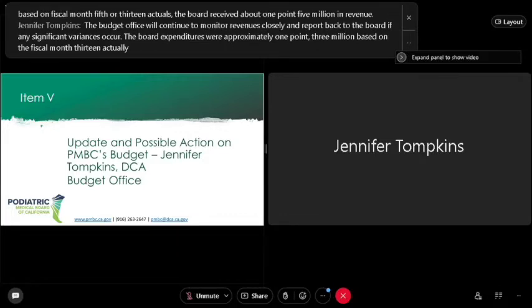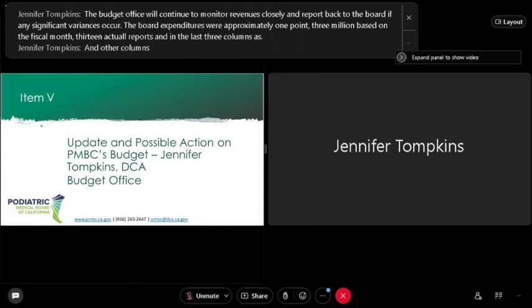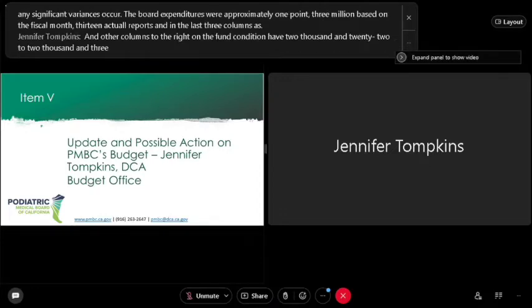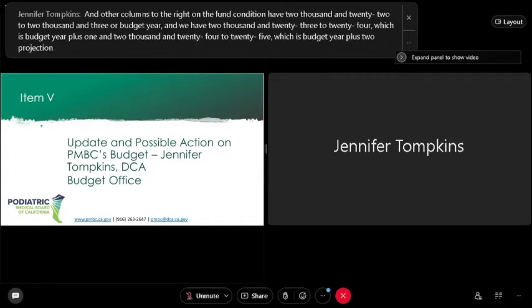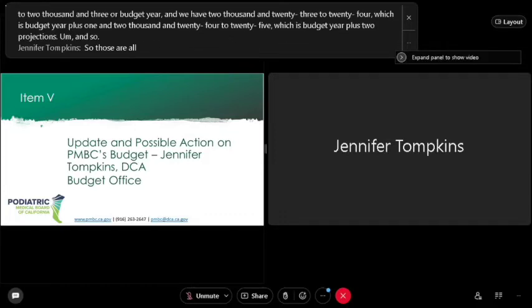Then the last 3 columns on the fund condition have 2022 to 23, or budget year, 2023 to 24, which is budget year +1, and 2024 to 25, which is budget year +2 projections. Those are all assumed realized, which would mean the board would expend to the full appropriation for those projections.